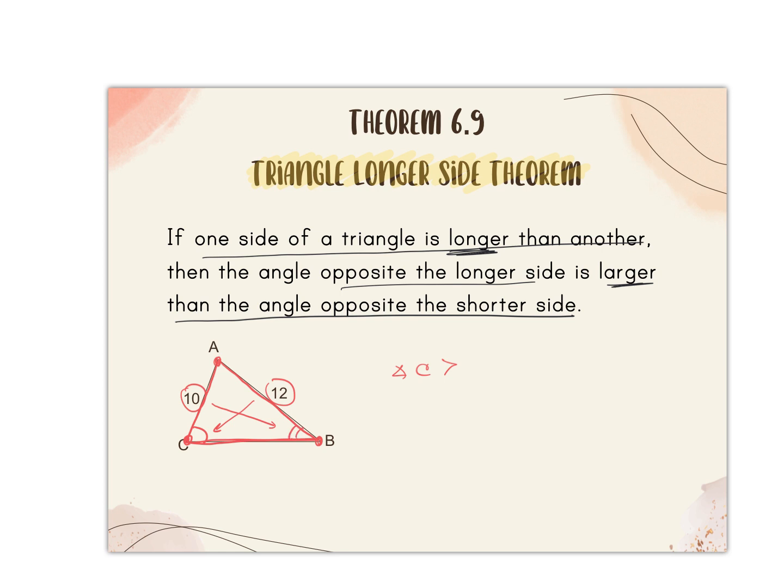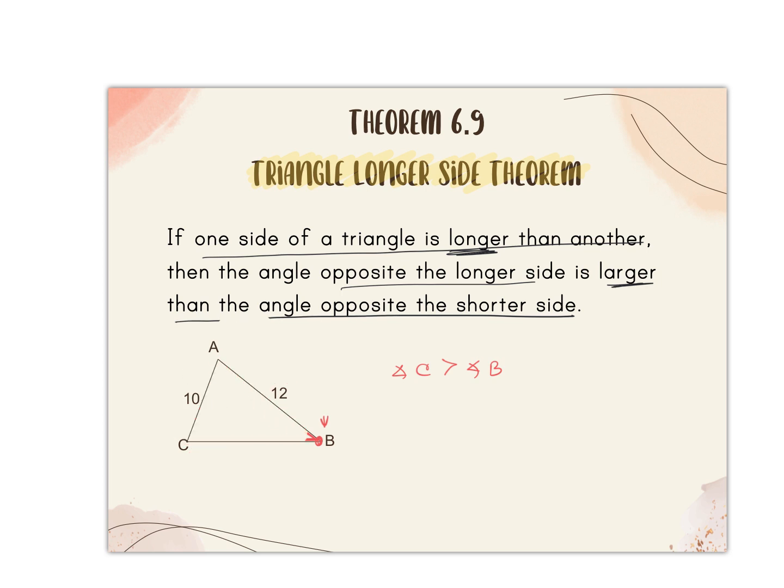So angle B is going to be less than angle C. And that's because side AB, the one opposite C, is bigger. So bigger side, bigger angle. Smaller side, smaller angle.